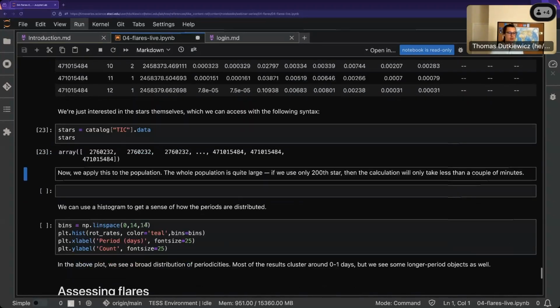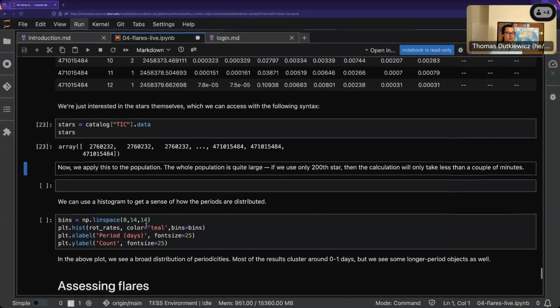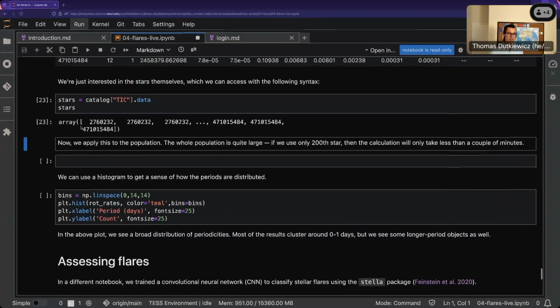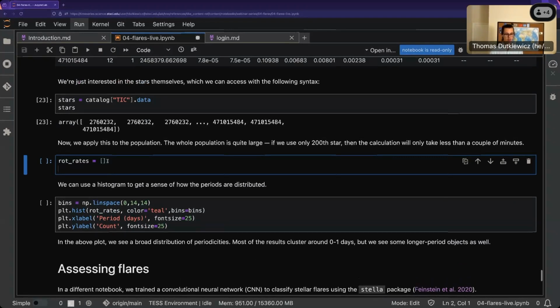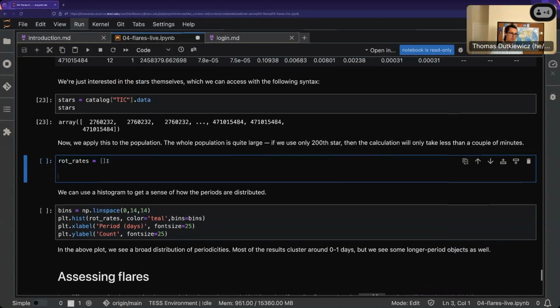Now we need to apply this to the population. The whole population is quite large, and you also notice that some of these values repeat. If we only use every 200th star, then the calculation will only take a couple of minutes. So we'll say that rotation rates is just an empty list that we're going to fill.